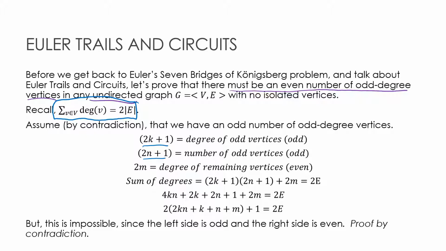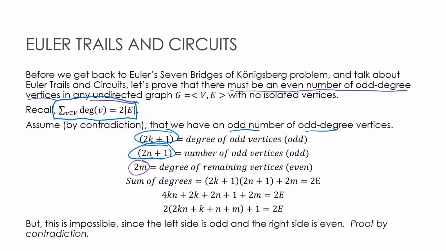So let's assume by contradiction that in fact we have an odd number of odd degree vertices. The degree of each odd vertex is 2k plus 1, and the number of those vertices is 2n plus 1. Both of those are odd, so an odd number of odd degree vertices. The remaining vertices would all be even, and we'll just represent their number with m.